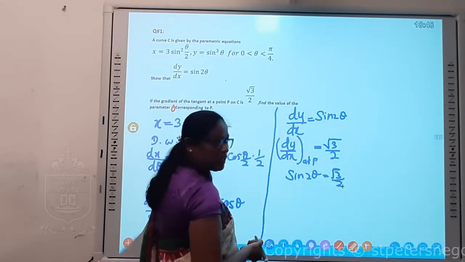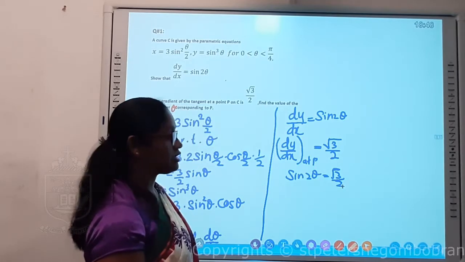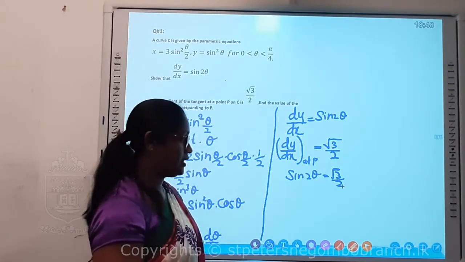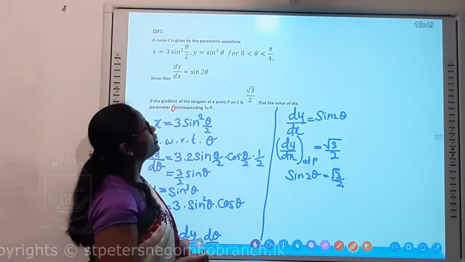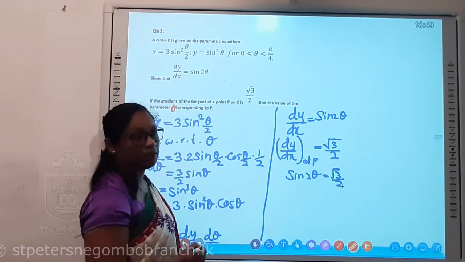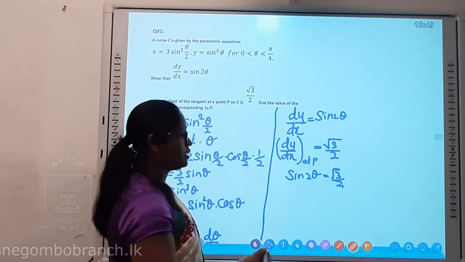So from this equation, we can find the respective value of the parameter theta, right? Now here in the information given, theta is in between 0 and pi by 4.